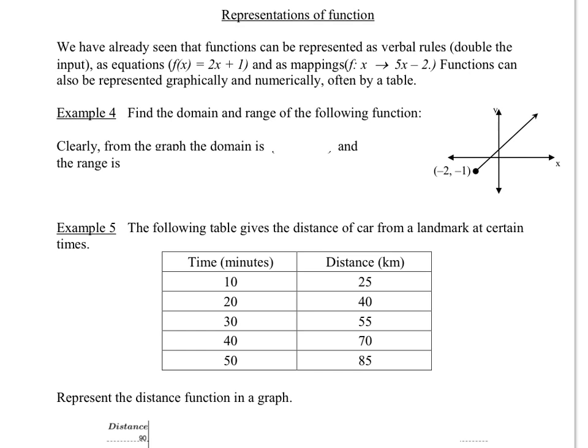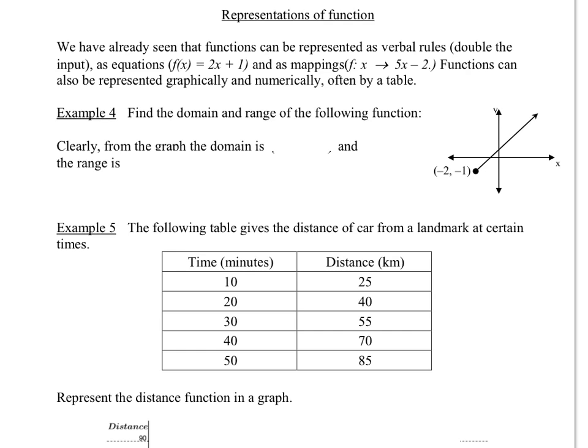So think about x starting here and going to the right. So it's all the x values over here. Now, this arrow indicates that this line is going to continue to go up in that direction. So there isn't going to be any limit to how big x can get, but it has to start here at -2.